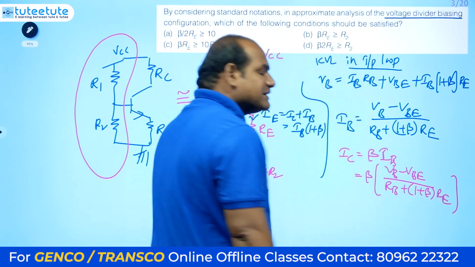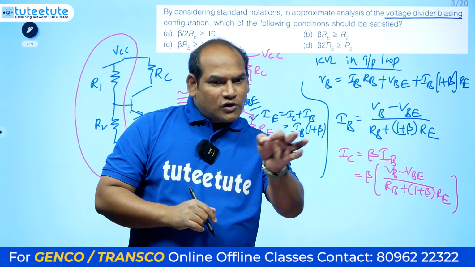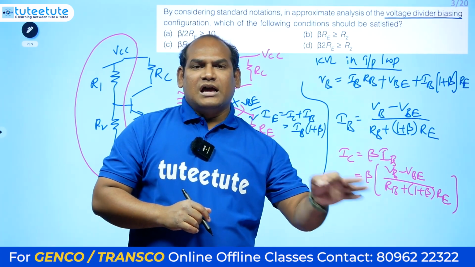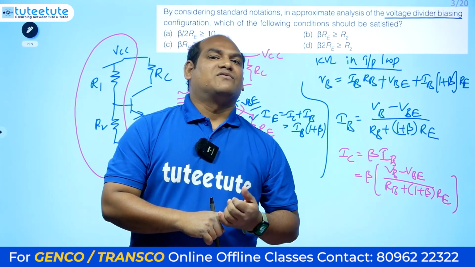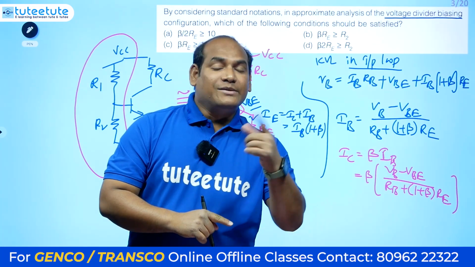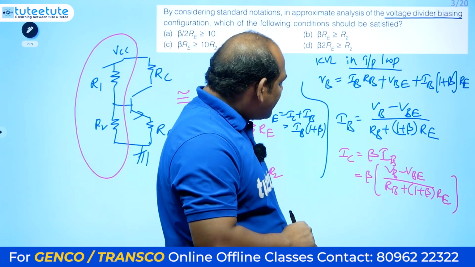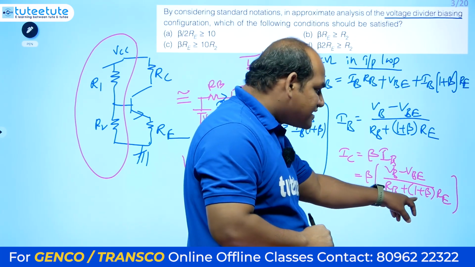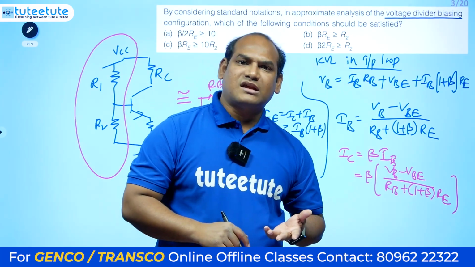In order to make this particular IC independent of the transistor, even though you are replacing the transistor, the IC value should not change. For that purpose, what do we need to do? We need to make it independent of beta. So if you see this equation, here beta must be cancelled by this beta. Then only we can say IC is independent of transistor or beta.